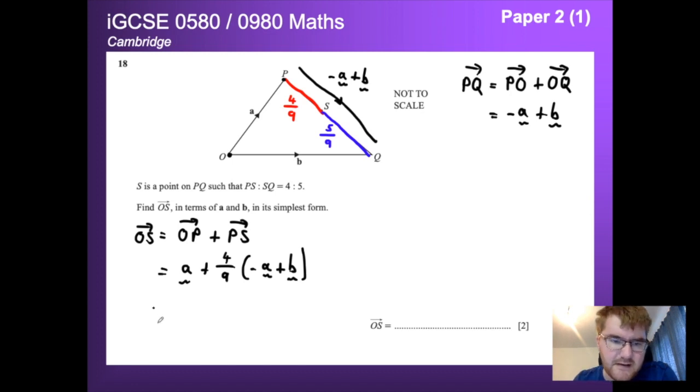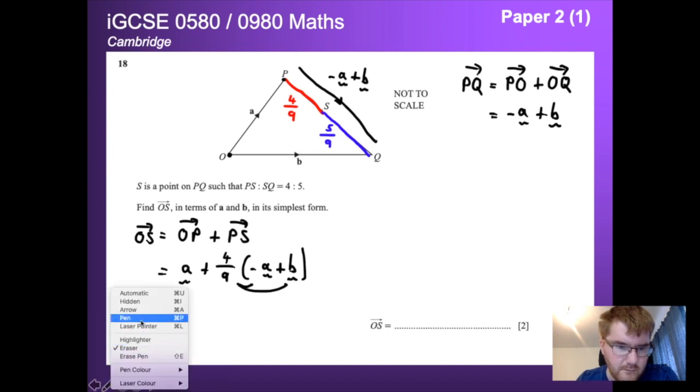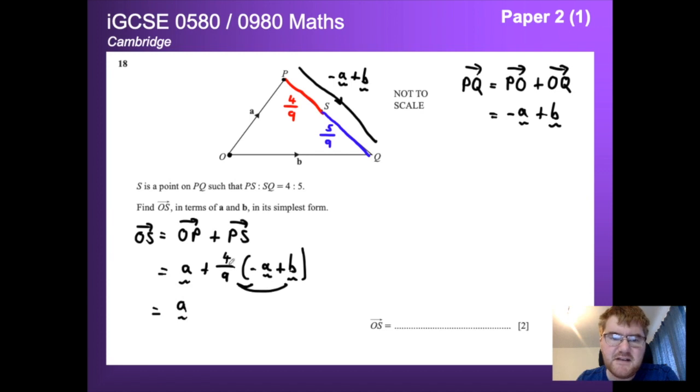If you multiply this out, we get A plus, well, we're going to use the hook, so we're going to put a minus there. So minus A times 4/9 is minus 4/9 A, and then plus 4/9 B.